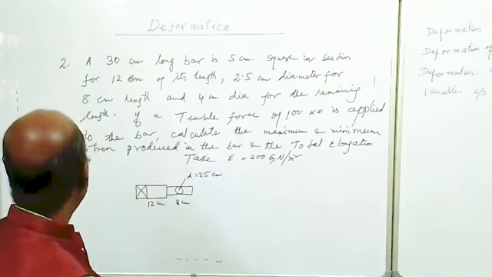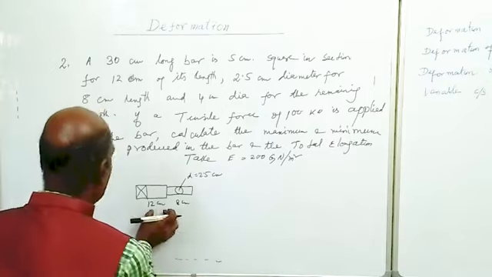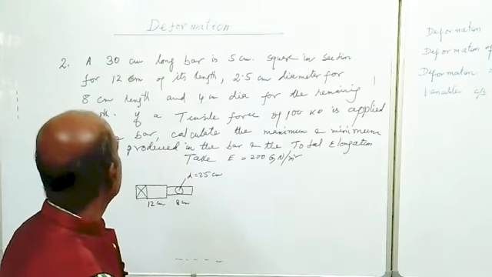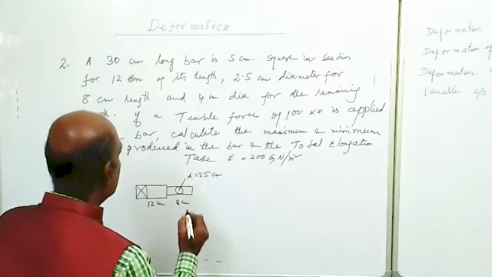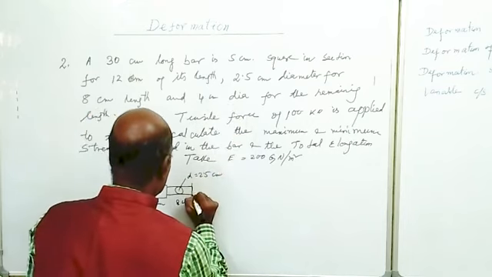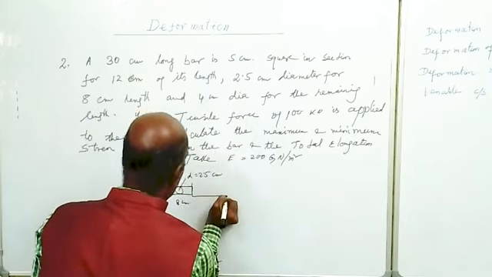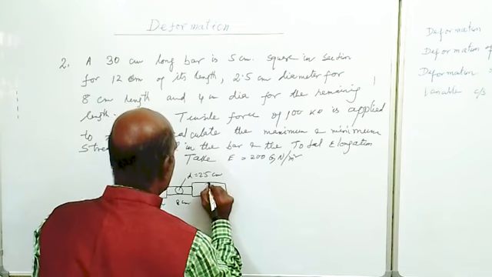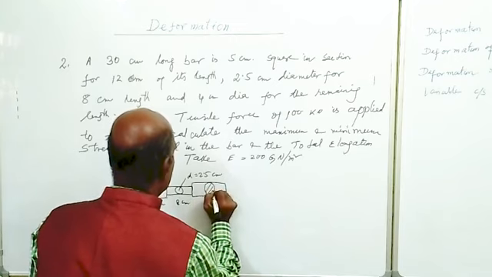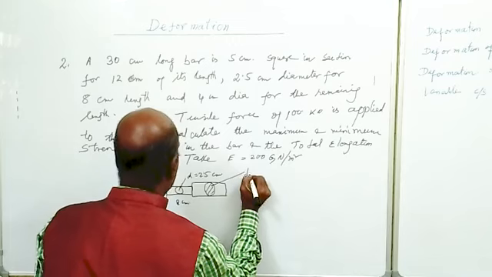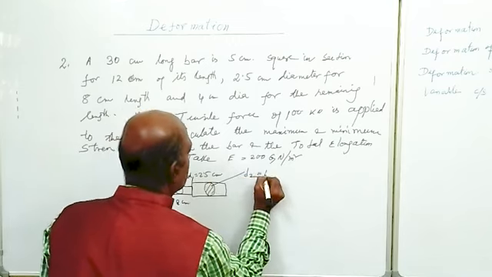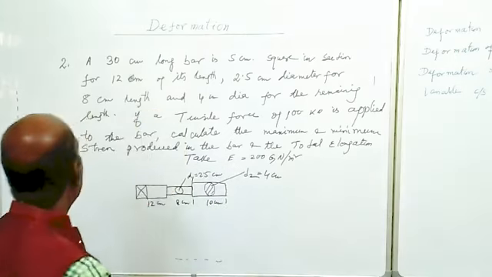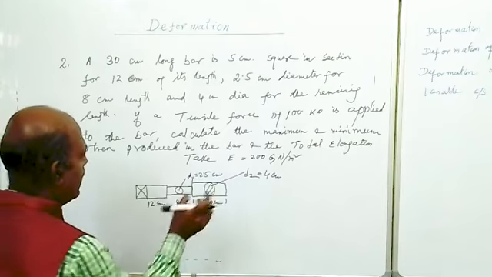And the remaining part, total length is 30, so 12 plus 8 is 20, and for the next 10 centimeter length the bar has diameter 4 centimeter. So the diameter is increased here. The cross sectional area is circular, and D1 is equal to 4 centimeter and the length is 10 centimeter. 12 plus 8 plus 10 is equal to 30.